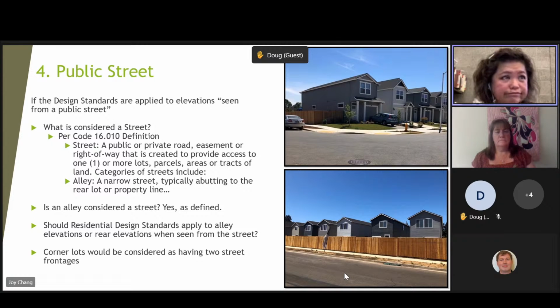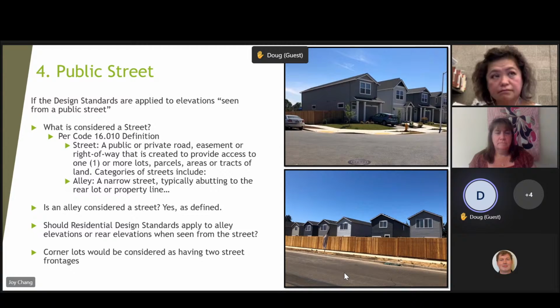Councilor Scott. So it's funny, I was actually thinking about maybe a definition update here, instead of saying elevation seen from a public street, but maybe we don't need to modify this now that I read this nice synopsis that Joy provided. But the way I was thinking about it was elevations facing a public right of way, which could be a street, an alley, a sidewalk, or whatever.